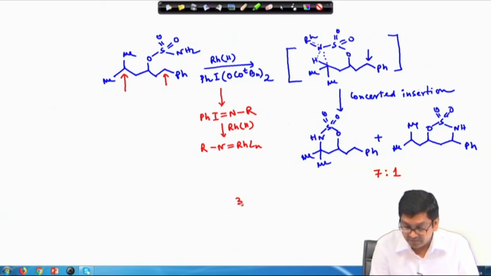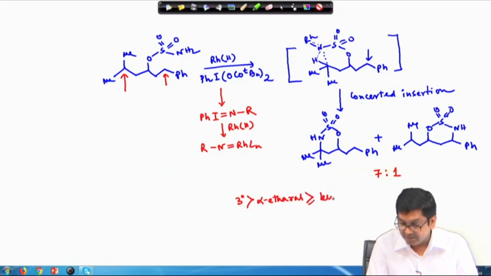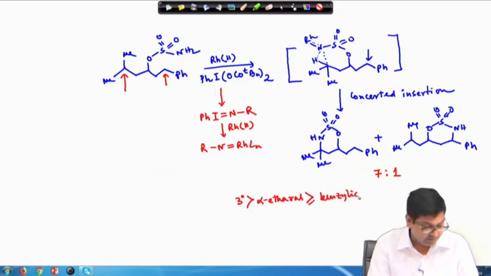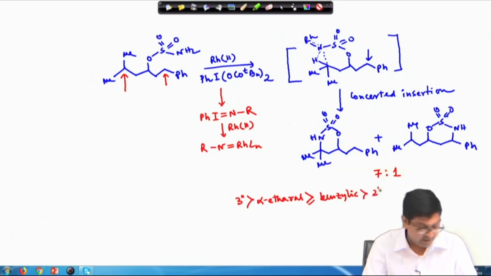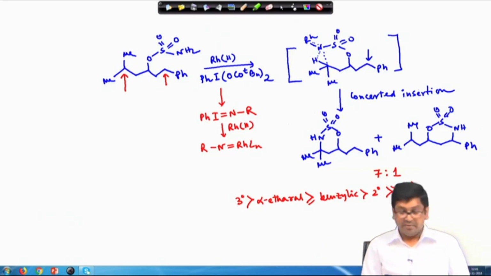for example, it has been found that it is like 3 degree, then the alpha ethyl, then the benzylic, okay, then secondary and then primary. Okay.